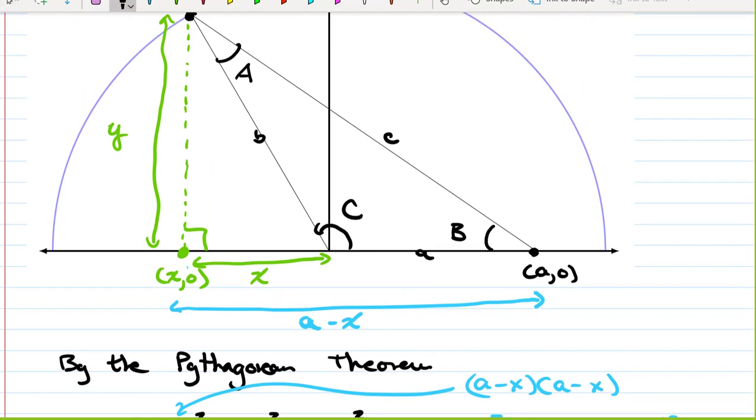If we look at this little triangle here, the one in green, we have side x and side y, but that also makes a right triangle if we go from the origin back to vertex A, with hypotenuse b.